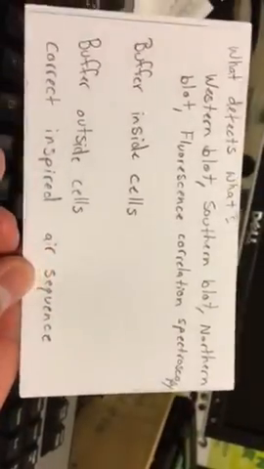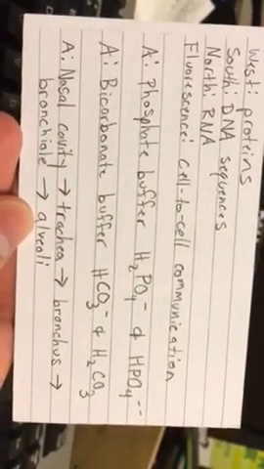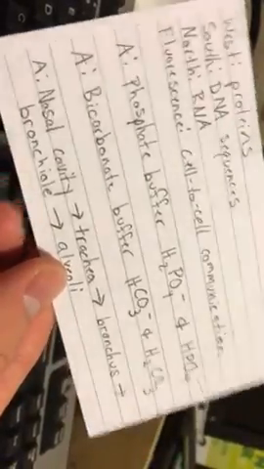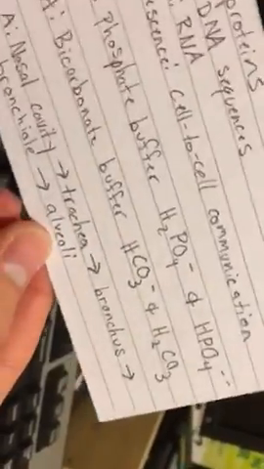Let's discuss the correct inspired air sequence. Okay, you got your nasal cavity to trachea to bronchus to bronchiole to alveoli. Bronchi to, I think, bronchioles. Okay. Bronchi comes before bronchioles. Then alveoli.